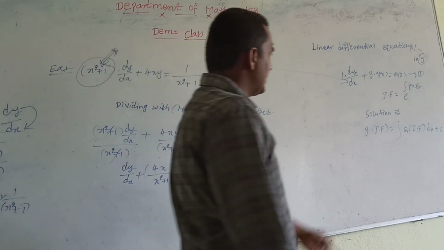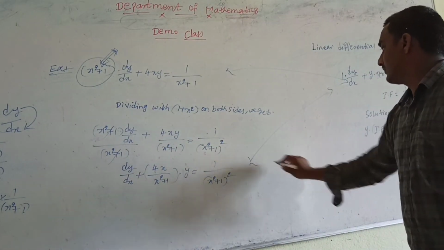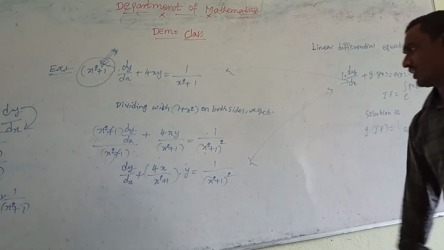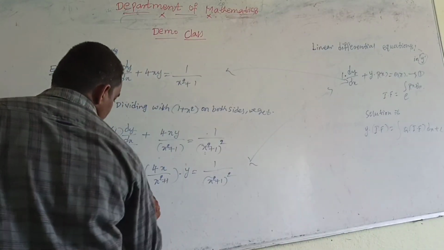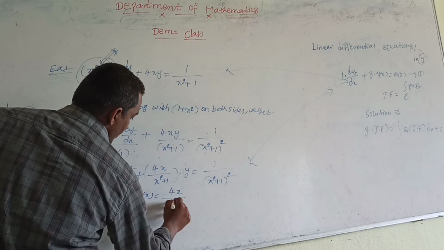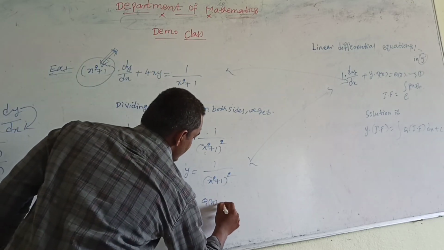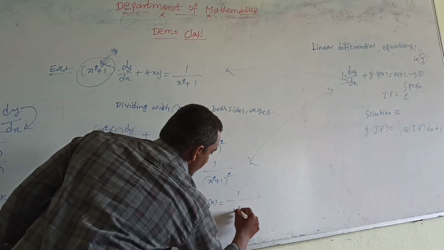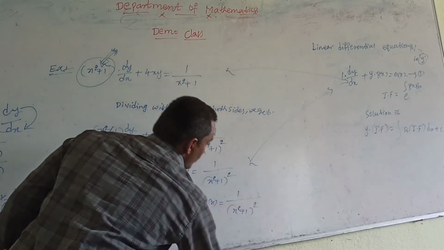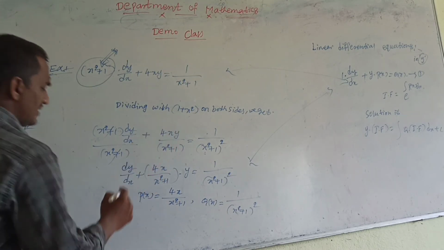Now these two are in the same form. From this we can say easily that P(x) is 4x by x square plus 1, and Q(x) is 1 by x square plus 1 whole square.